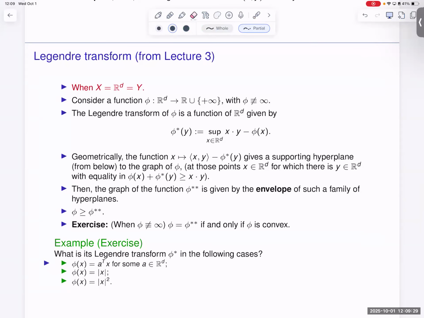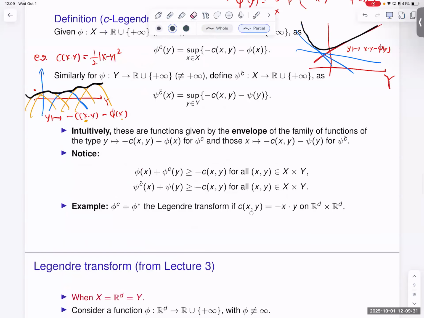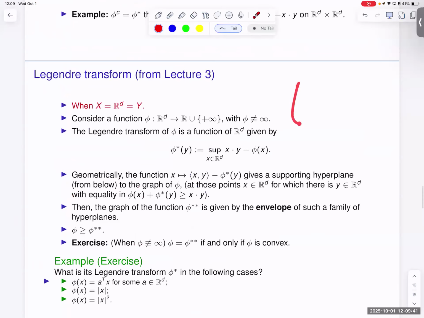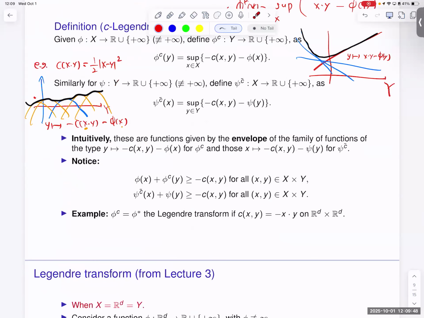Once again, if c is the same as this negative dot product, then the C-Legendre transform is exactly the same as the Legendre transform. The Legendre transform has these nice properties, and the corresponding properties are satisfied by the C-Legendre transform.